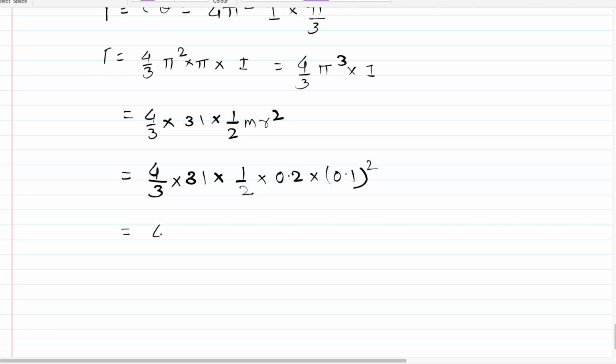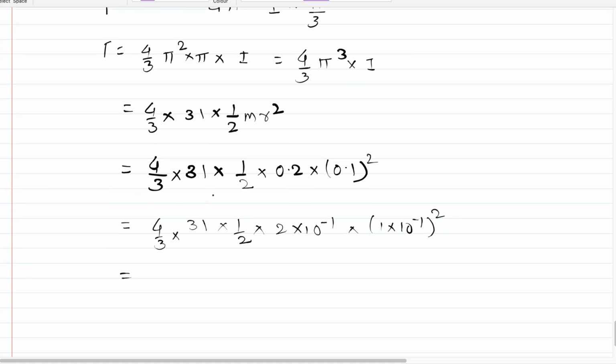This will be equal to 4 by 3 into 31 into 1 by 2 into 2 into 10 to the power minus 1 into 1 into 10 to the power minus 1 bracket square. Therefore this 2 by 2 is 1.